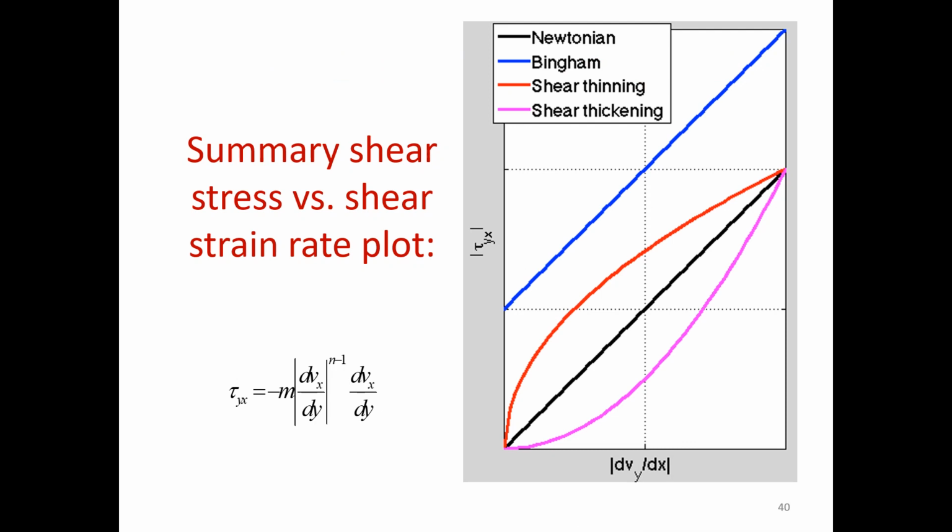So in summary, what you have as shear stress versus shear strain, so this was my basic Newtonian behavior, a straight line. It's my model for viscosity based on parallel plates: tau_yx is minus viscosity times dv_x/dy. And the dv_x/dy is my shear rate.